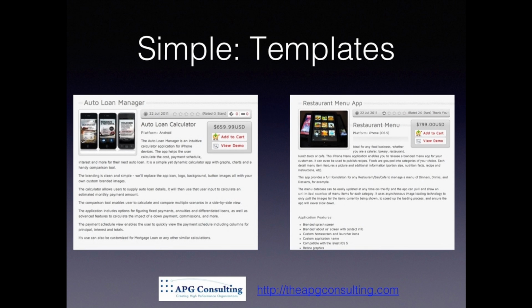If you're a restaurant company, you spend $800, you load your menu into the template, and they take care of getting the app into the iTunes store, maintaining it, and providing tech support. It's a relatively small investment.